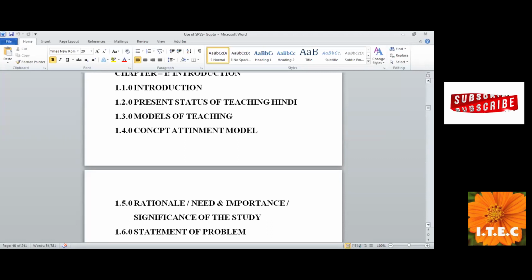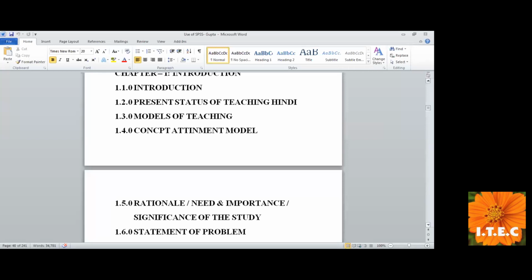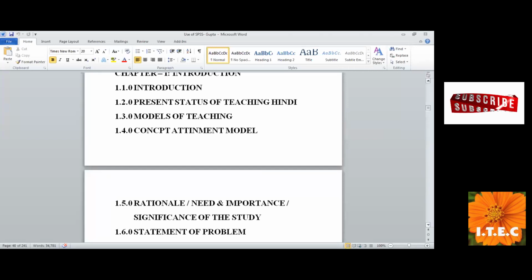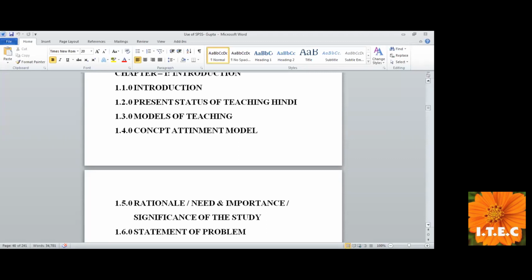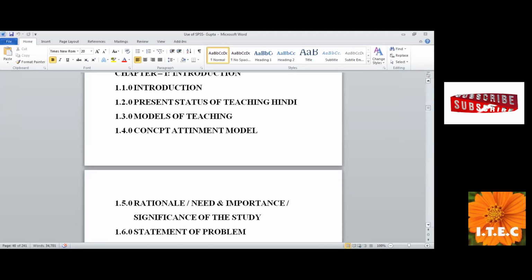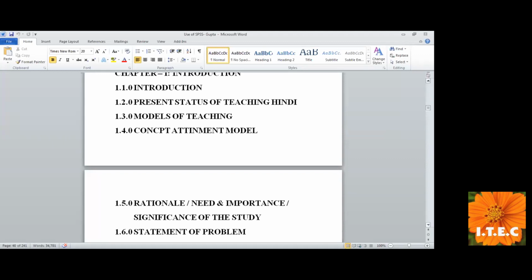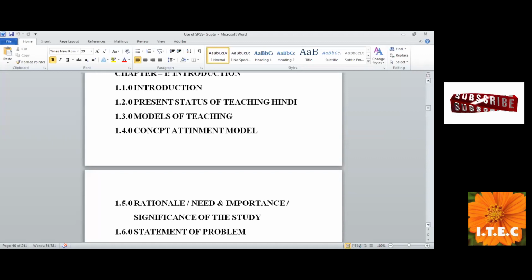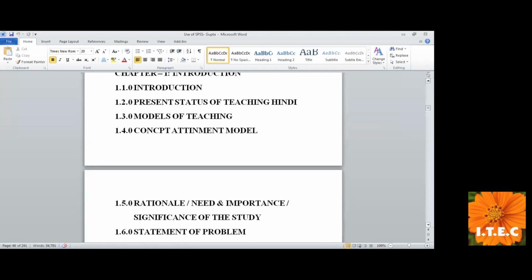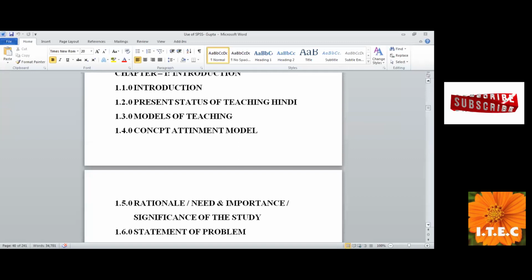I was going through a large number of theses uploaded in Shodhganga, and I found a very strange thing: in the thesis, the objectives were written before writing the rationale. I don't understand how one can write the objectives and the statement of the problem before mentioning why and how this particular research was done.